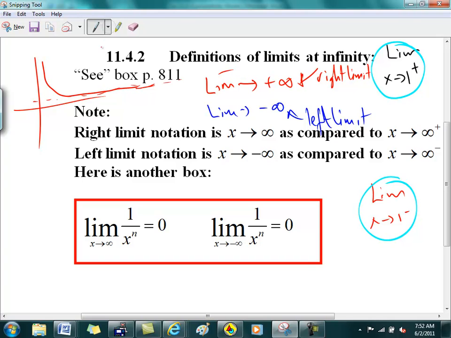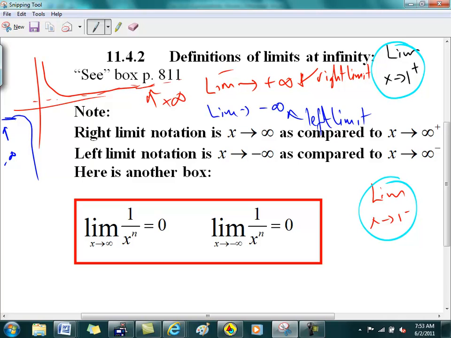And if the graph was doing something like this on the other side, then x to the minus infinity would be wherever this number was going. Wherever that number goes. You with me? Okay, so this is minus infinity because that's where I'm headed. And this is plus infinity because that's where I'm headed.